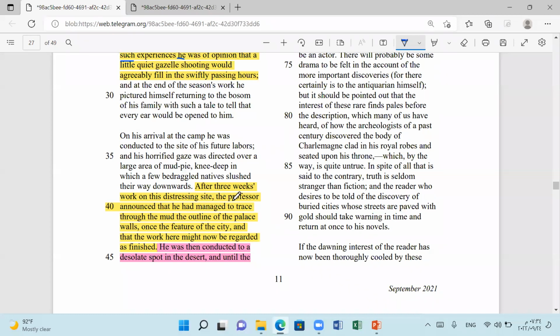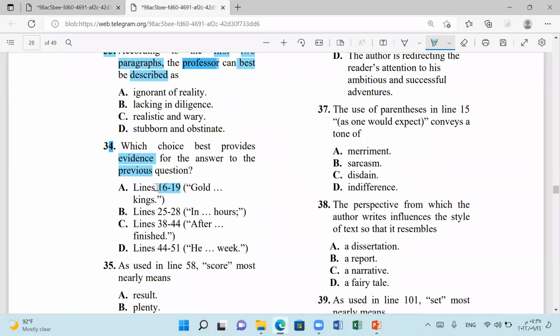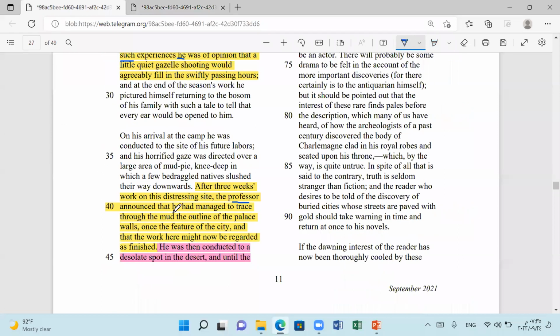Now, I have a reference to the professor, but don't forget that we need a description of him and or his personality. Here, he is saying that, yeah, he's done with his mission, had managed. This is an activity, like an action.